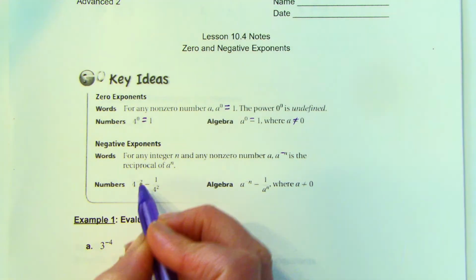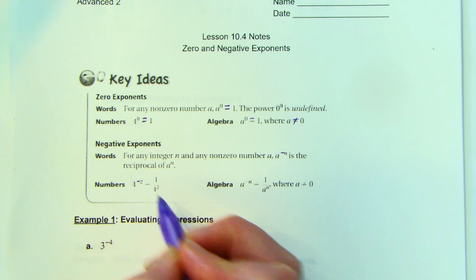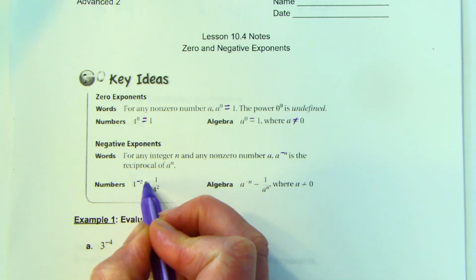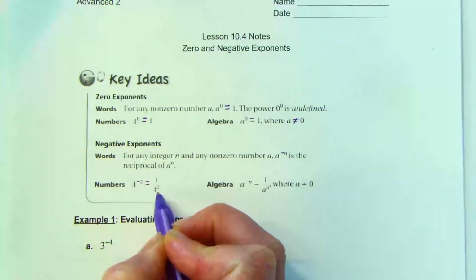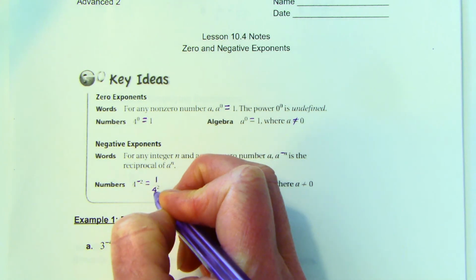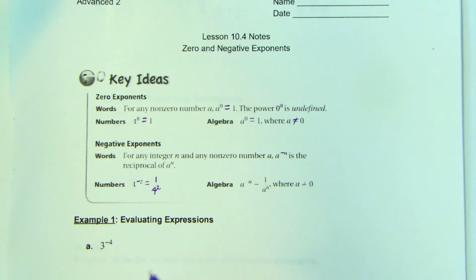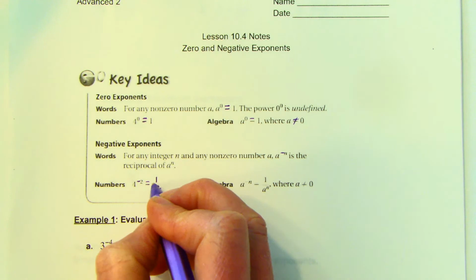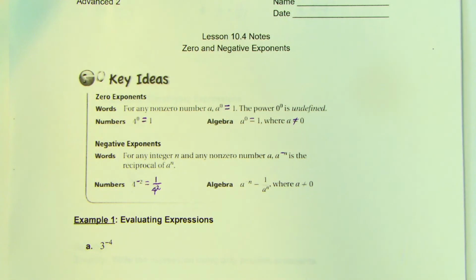So for numbers, if you have 4 to the negative 2 power, that is equal to the reciprocal, which is 1 over 4 squared. So if it was negative in the numerator, then you move it down and make it positive in the denominator. Okay?